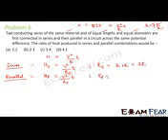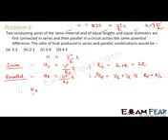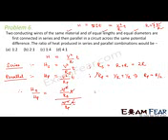Equivalent resistance in parallel combination will become 1 by R plus 1 by R. This implies Rp will become R by 2. Therefore, the ratio of the heat produced in series combination to the parallel combination will be equal to V square by Rs into T divided by V square by Rp into T. So this V square and T will get cancelled.